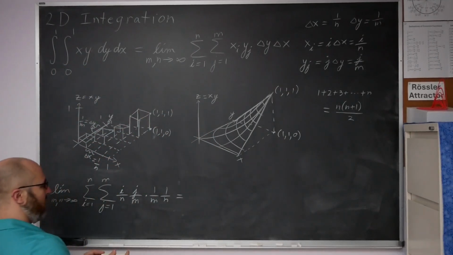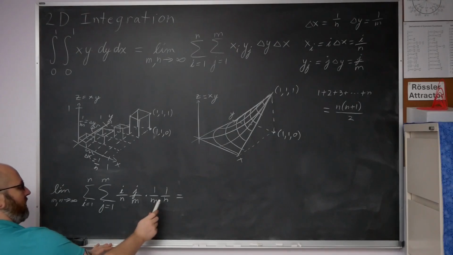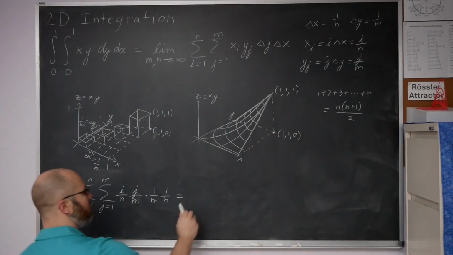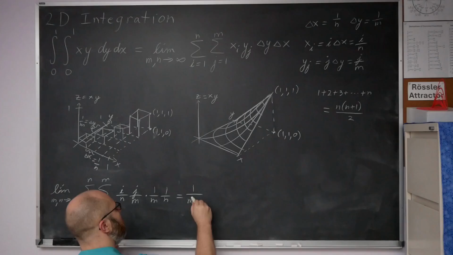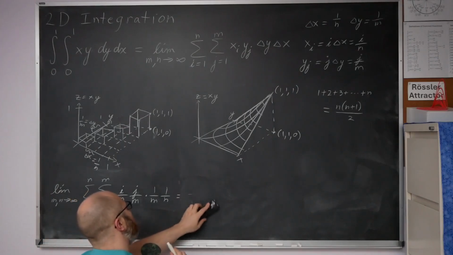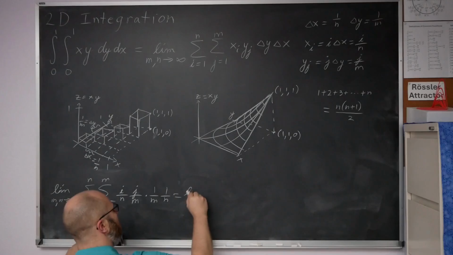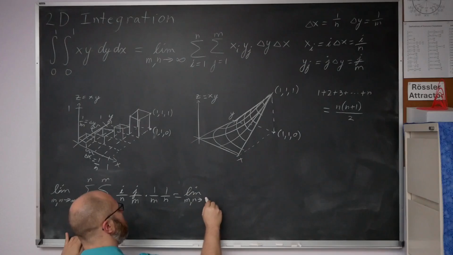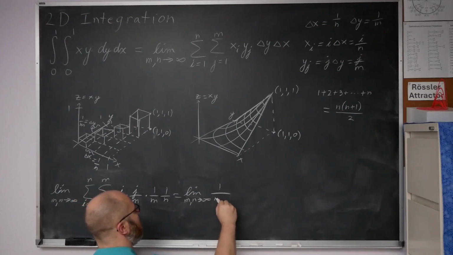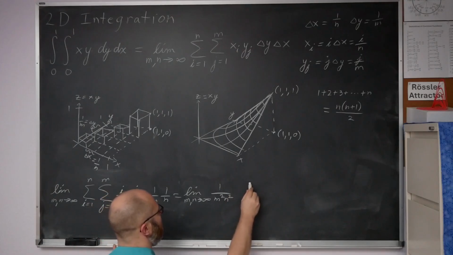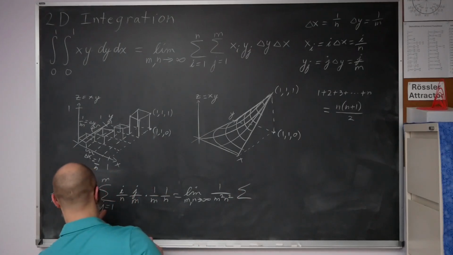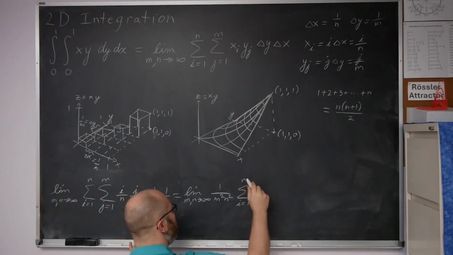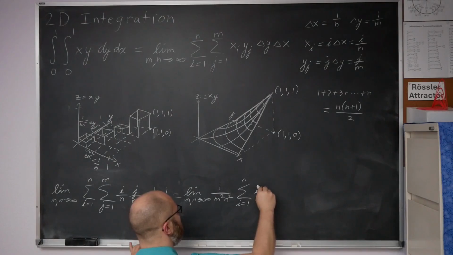So we can actually just pull that out. I'm going to simplify this a little. I'm going to have a 1 over m squared n squared in the front, and I should put that before the limit. I've got m, n go to infinity. I have 1 over m squared n squared. I'm going to have the sum, my i equals 1 to n, and I have my i here.